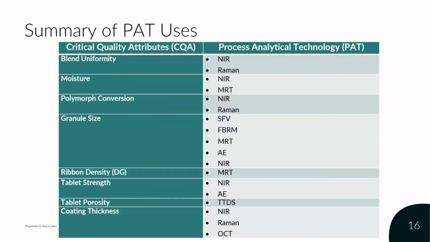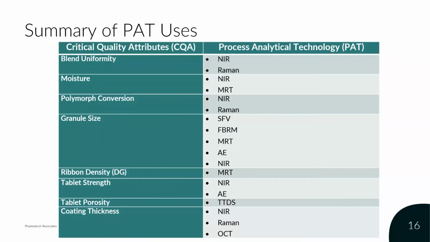So this is a kind of a summary of some critical quality attributes and the process analytical technology that we've discussed and how they can be used. For blend uniformity, near IR, Raman spectroscopy; moisture content, magnetic resonance spectroscopy. If you're doing a wet granulation / fluid bed drying process, this can be done very, very simply.